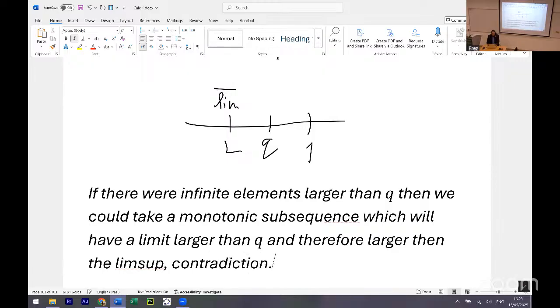Contradiction. You can never have a limit larger than the lim sup, because the lim sup is the largest limit, right?